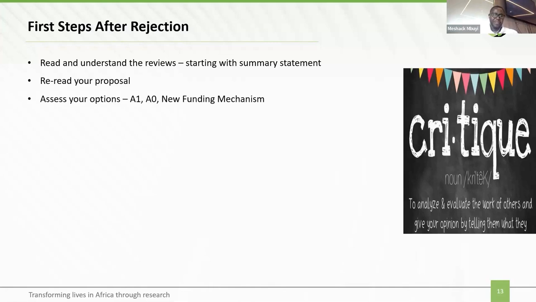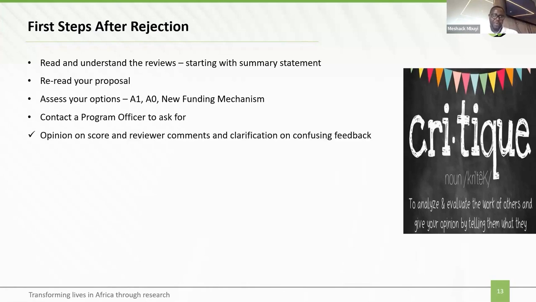Is your application best as an A1, which is a resubmission? Is it best as A0, which is a new application, or is it best for a new funding mechanism or even a new donor? You have to assess all your options so that you work on one strategic thing as you respond. You also need to contact the program officer at the donor institution.